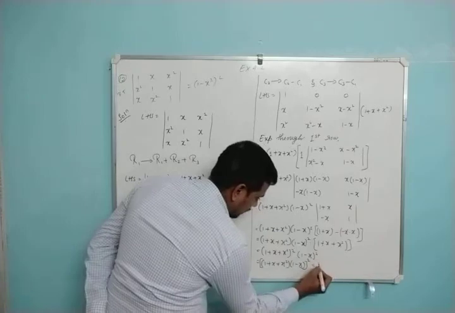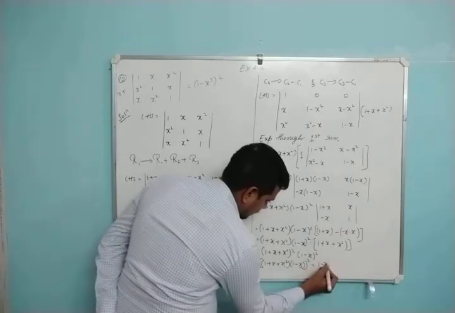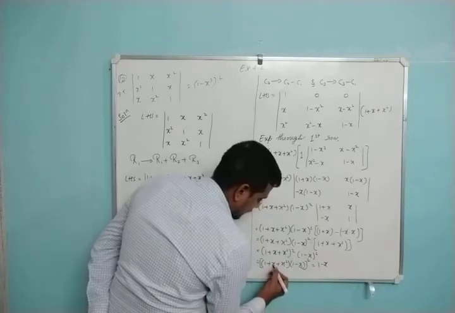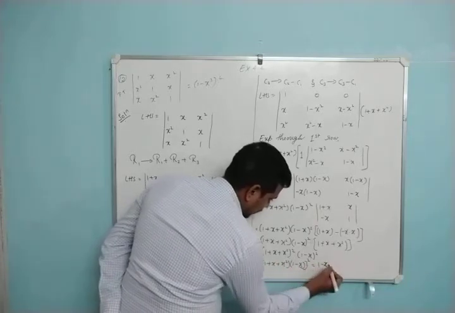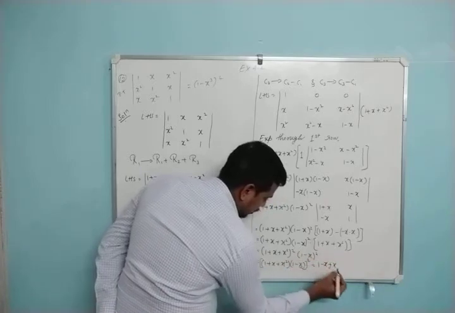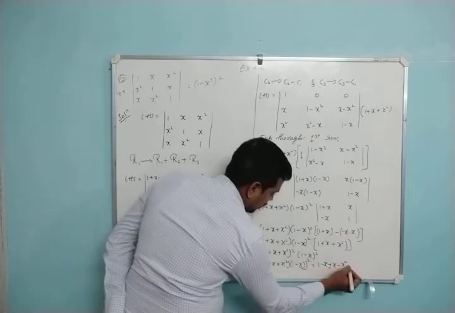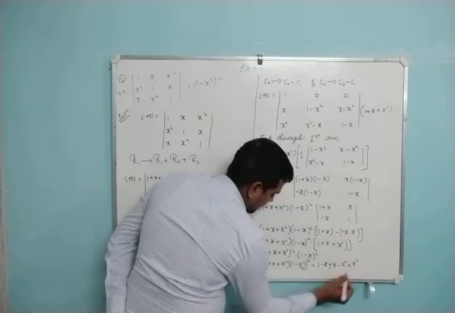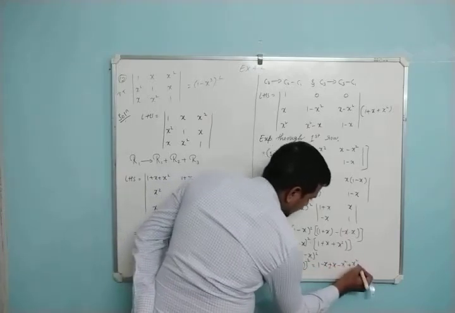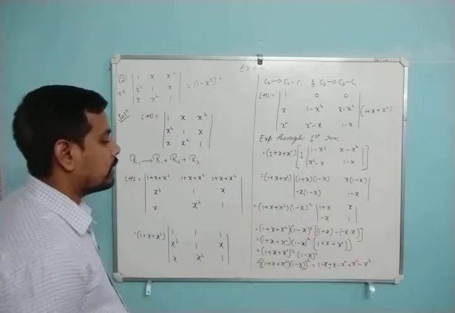1 into 1, 1 into −x, right? x into 1, plus x, right? x into −x², x² into 1, plus x² into −x³, right?